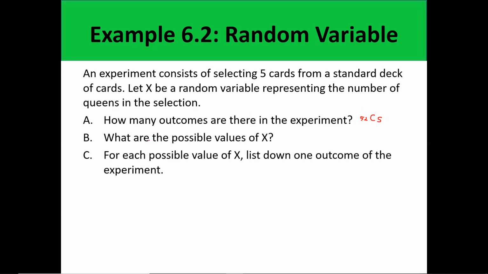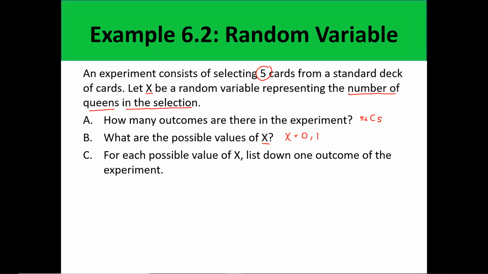Okay? And then the second question is, what are the possible values of x? Recall that x here is defined as the number of queens in the selection. So let's say we select 5 cards. How many queen cards are there in the selection? The possible values of x: x could be 0, which means there are no queens selected.